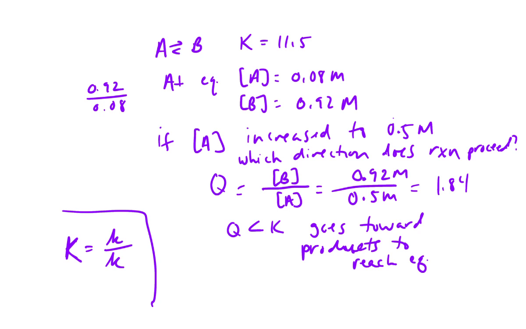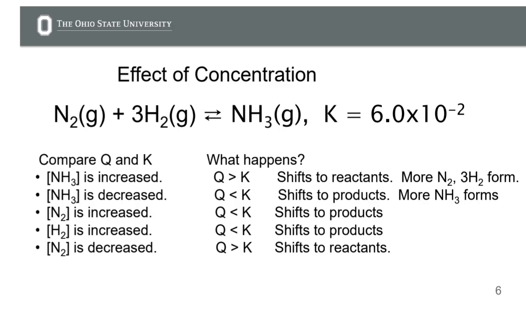Okay. So there's a number of other ways of shifting towards reactants and products by changing concentration. Again, just playing with whether we increase or decrease concentrations of reactants or products. You can think about this as like a seesaw.